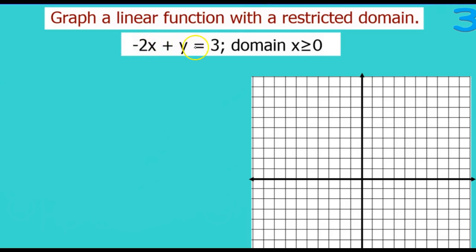We have -2x plus y equals 3. Y is not by itself, but it needs to be. So I'm going to put a box around that. That's what I'm trying to get by itself. I'm going to add 2x.